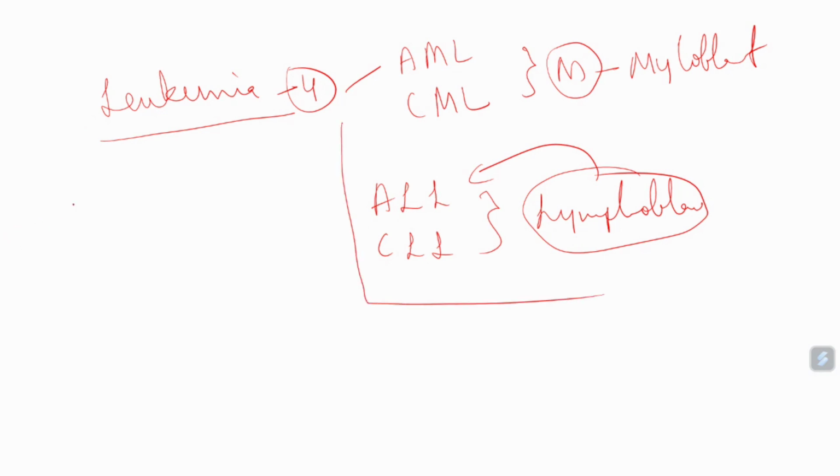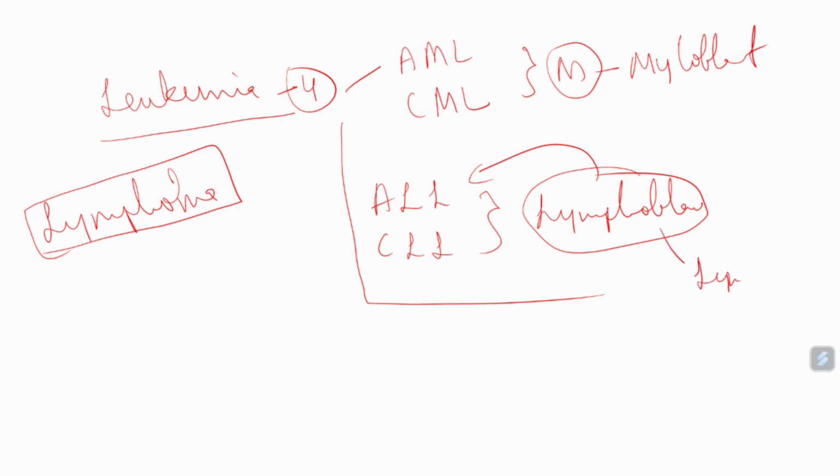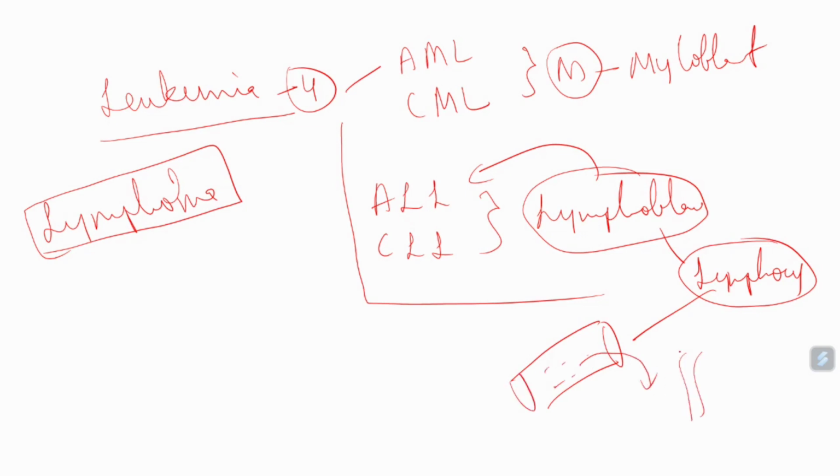Now in today's class, let us try to learn about lymphoma. Lymphomas are the cancers which are mainly associated with lymphocytes. When lymphocytes are mature, they are present either in the blood circulation, or from the blood circulation they spill into the lymphatic vessels, and they are highly concentrated in the lymph nodes.